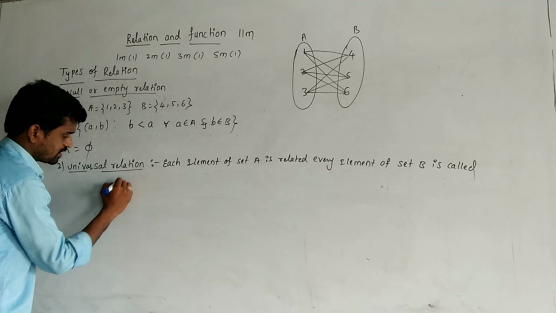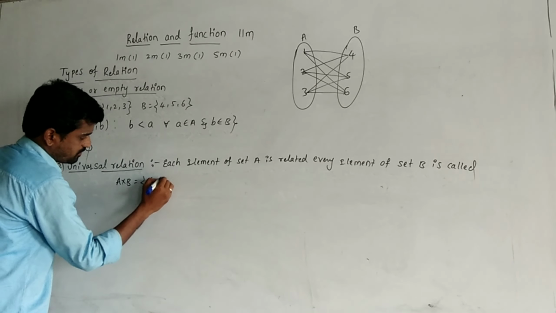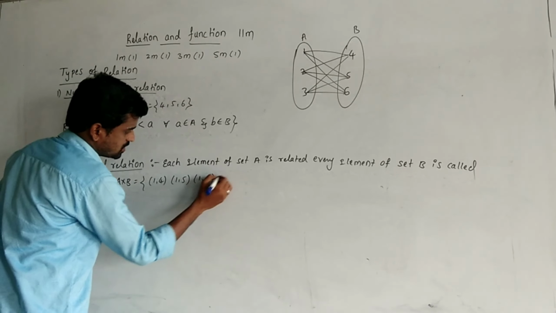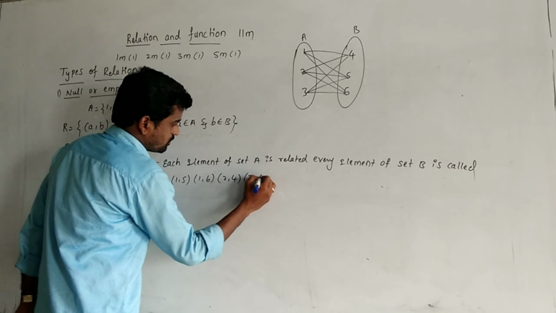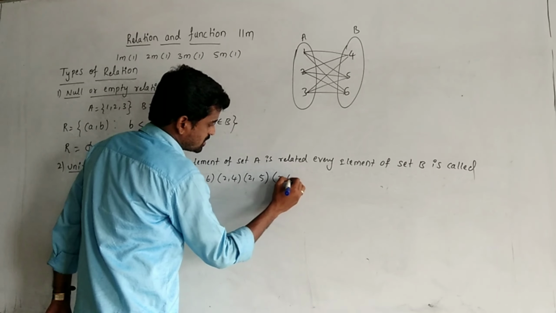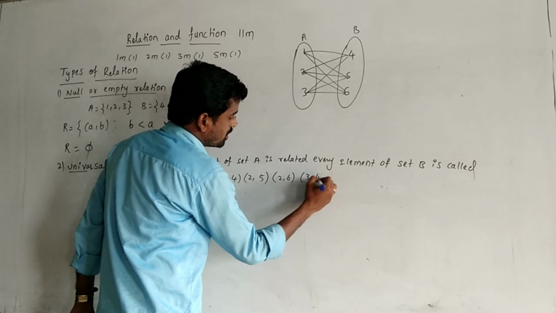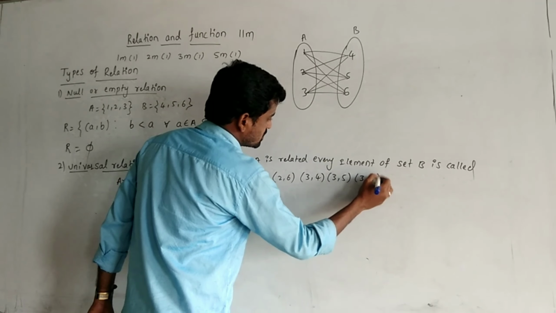The ordered pairs are (1, 4), (1, 5), (1, 6), (2, 4), (2, 5), (2, 6), then 3 is related to (3, 4), (3, 5), (3, 6).